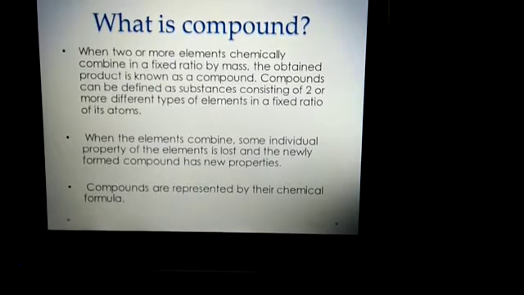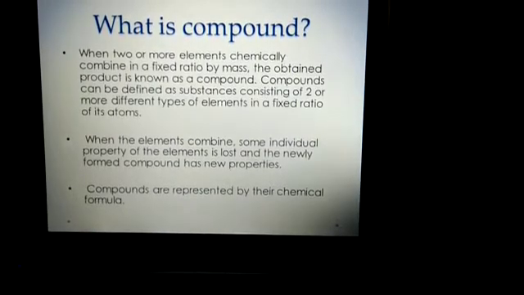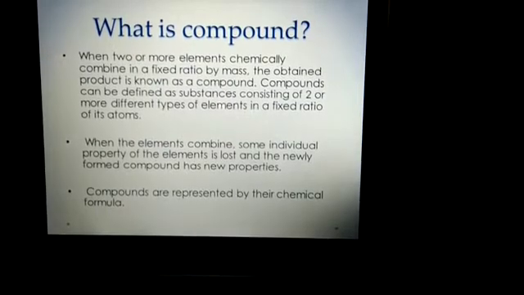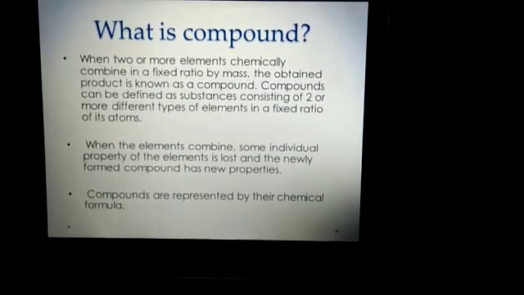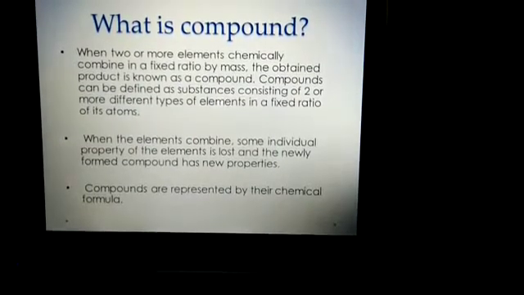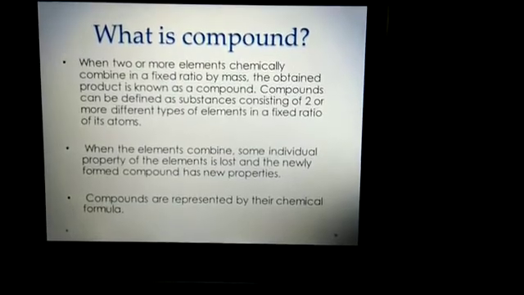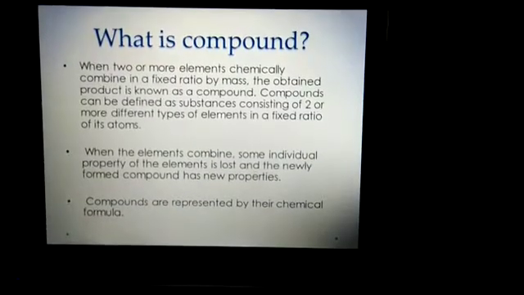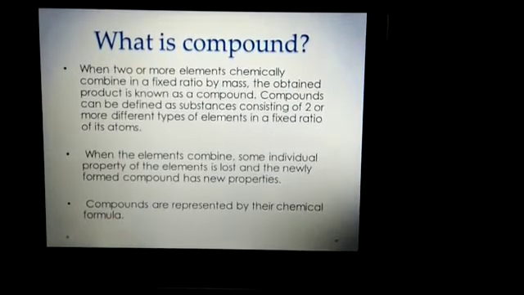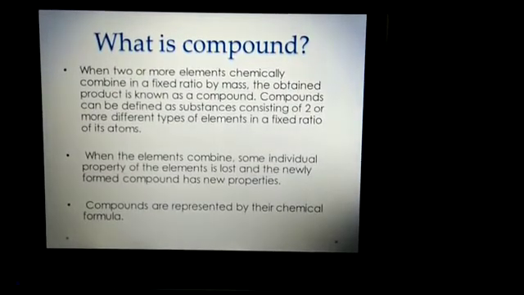When two or more elements chemically combine in a fixed ratio by mass, the obtained product is known as a compound. Compounds can be defined as substances consisting of two or more different types of elements in a fixed ratio of its atoms.